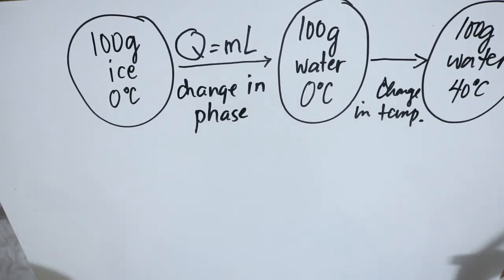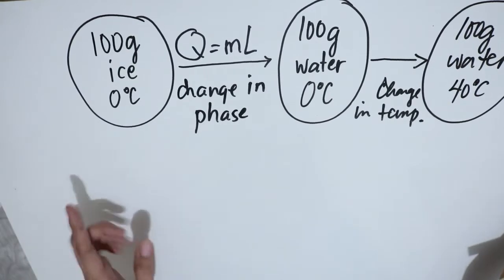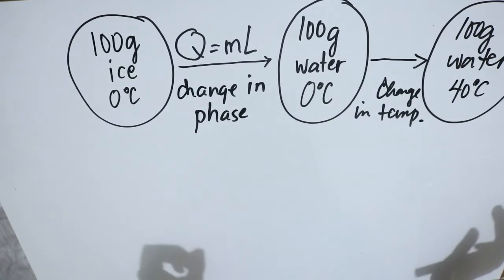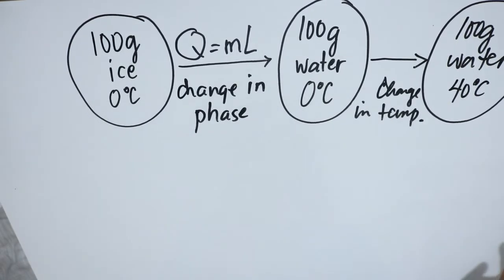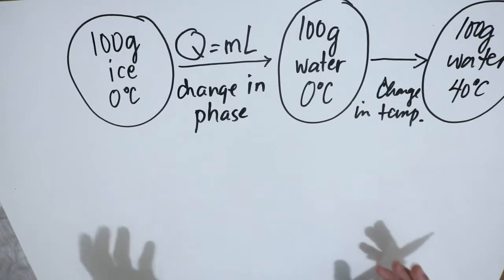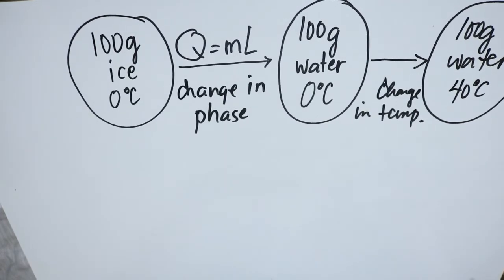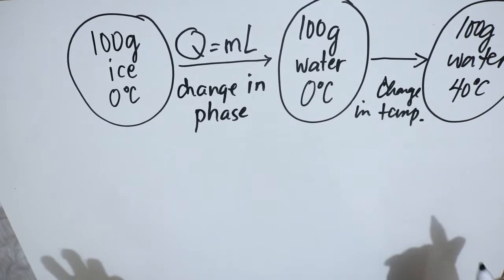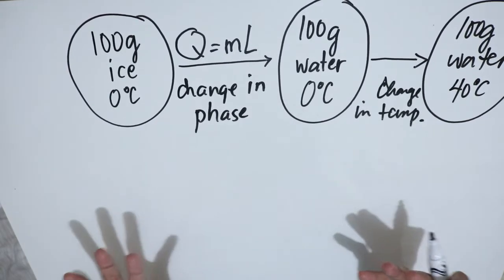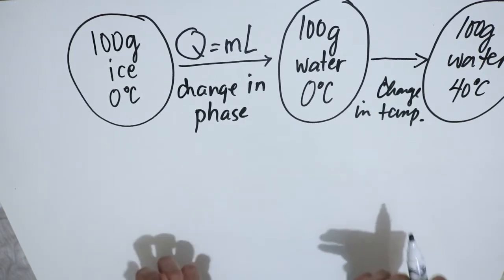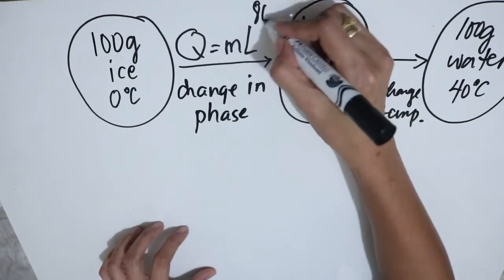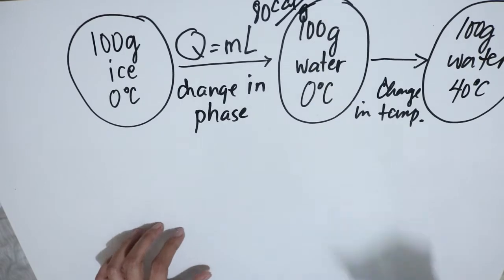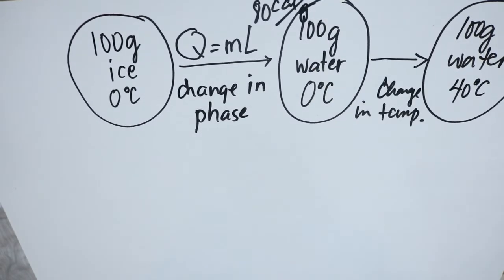We will use the formula Q equals mL, where m is the mass in grams and L is the latent heat of fusion for water, because we're talking about water. There are different constant values for the latent heat of fusion. Since we're talking about water here, it is equivalent to 80 calories per gram. What about here?